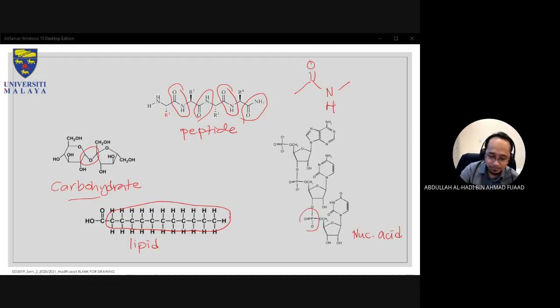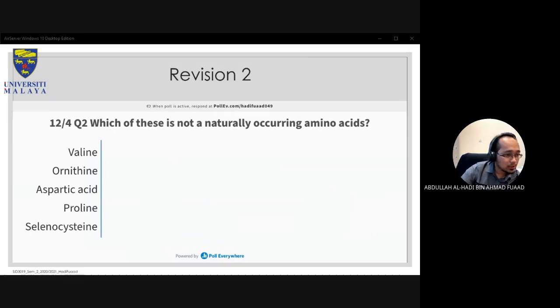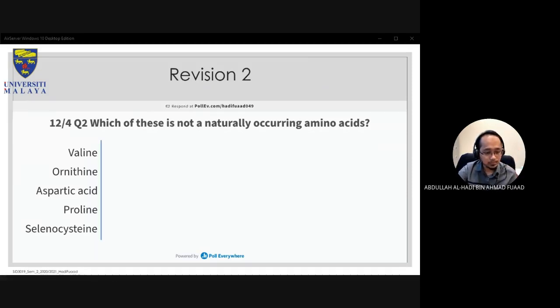Okay, all right. Number 2. Which of these is not a naturally occurring amino acid? Grammatically wrong. Okay, first one is valine.